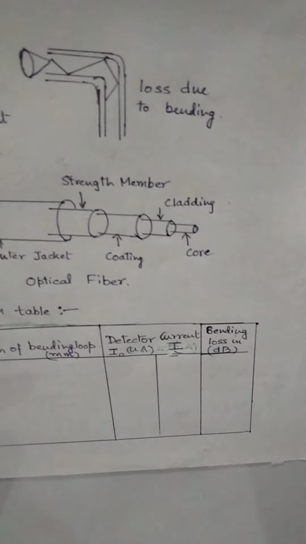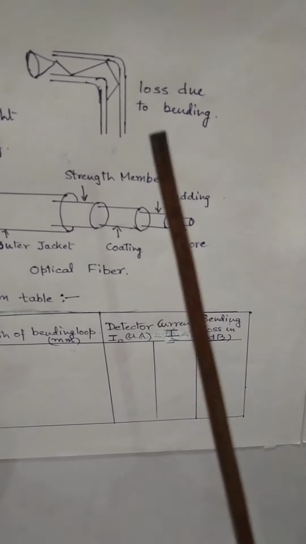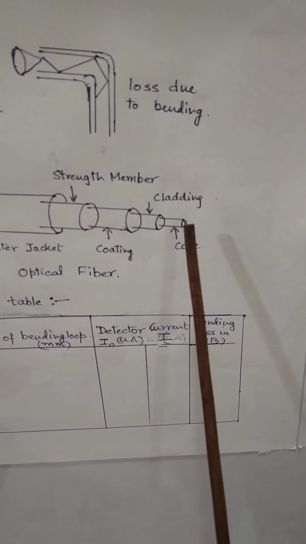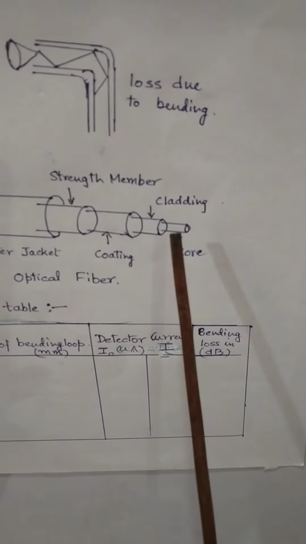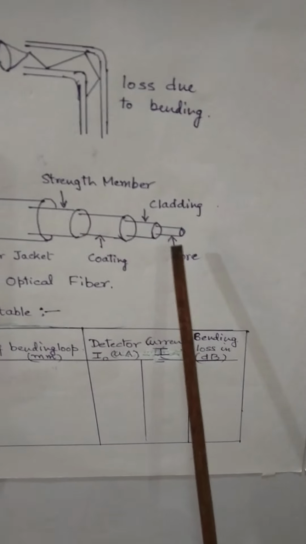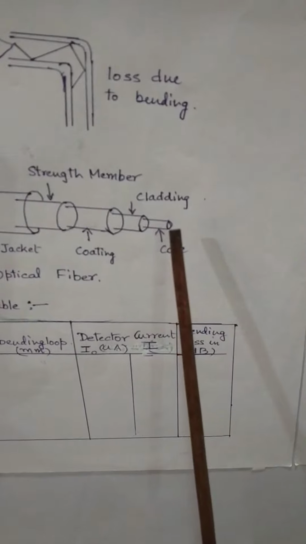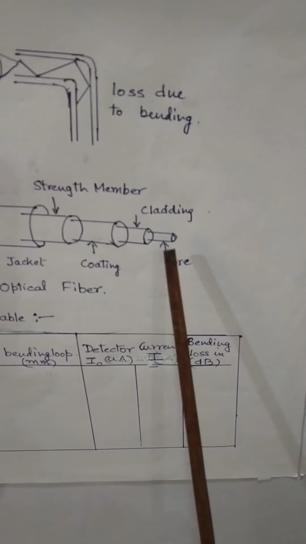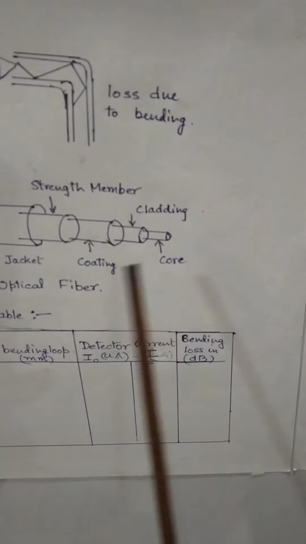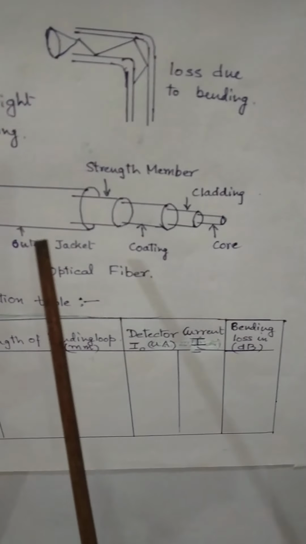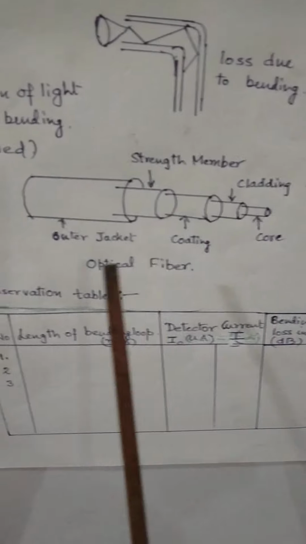An optical fiber is a very small glass cylinder, of the size of a hair, which is hollow from inside, and it is coated with several coatings.